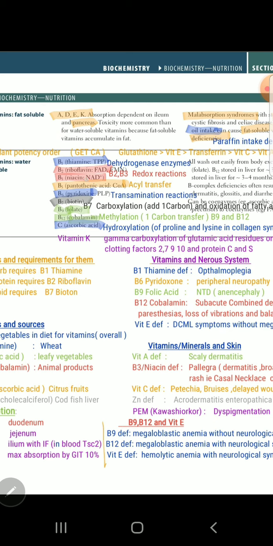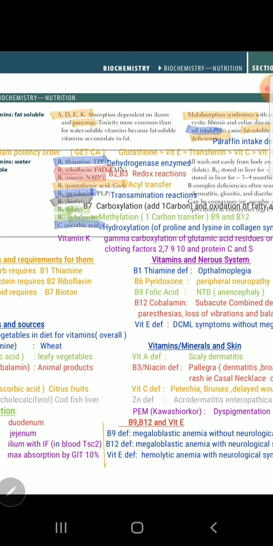So FAD and NAD, B2 and B3, are important in redox reactions. We know that reduction hydrogen present with FAD and NAD will act as a reducing agent. So reduction reaction, redox reaction. There is a concept for everything if we learn about vitamins as well.